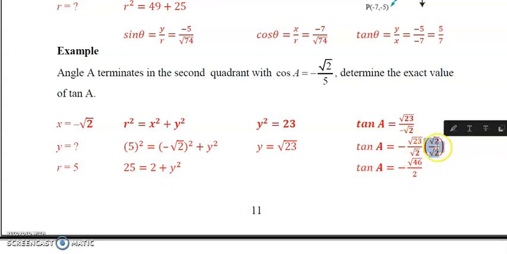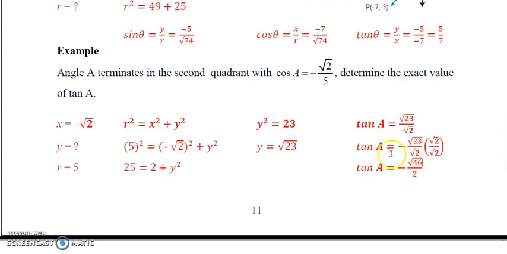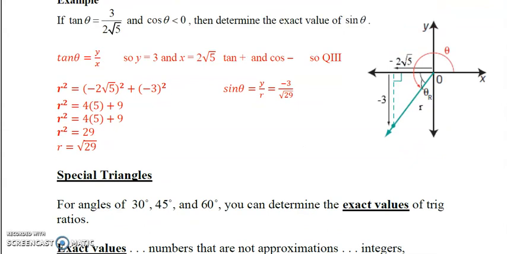Square root of 23 times square root of 2 is the square root of 46, and the square root of 2 times the square root of 2 is 2. And we get that the tangent of A is equal to negative, and we know it's negative because it's in quadrant 2. The only positive trig ratio in quadrant 2 is sine, as you can see from the summary above here, right? In quadrant 2, tan is negative. Alright?